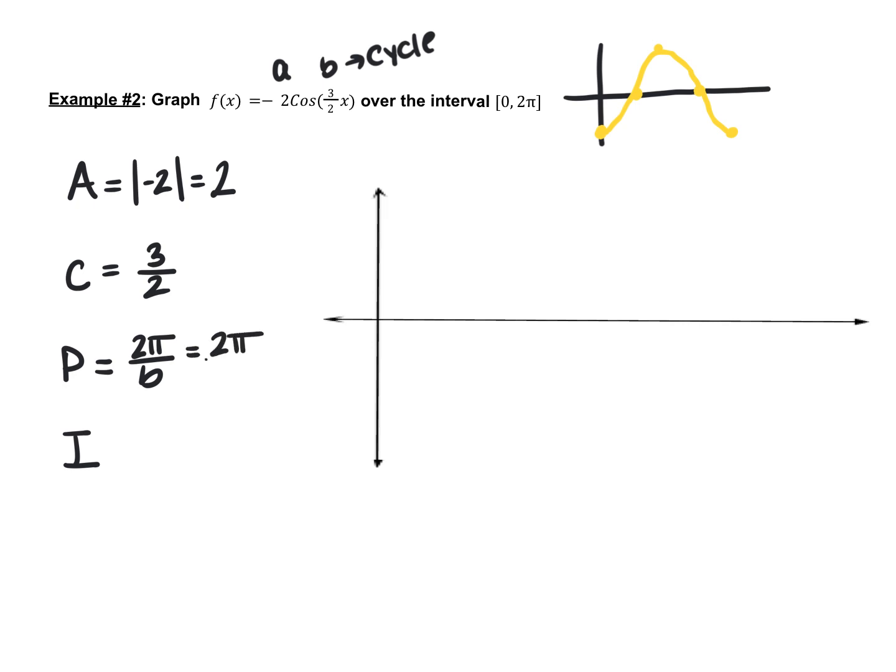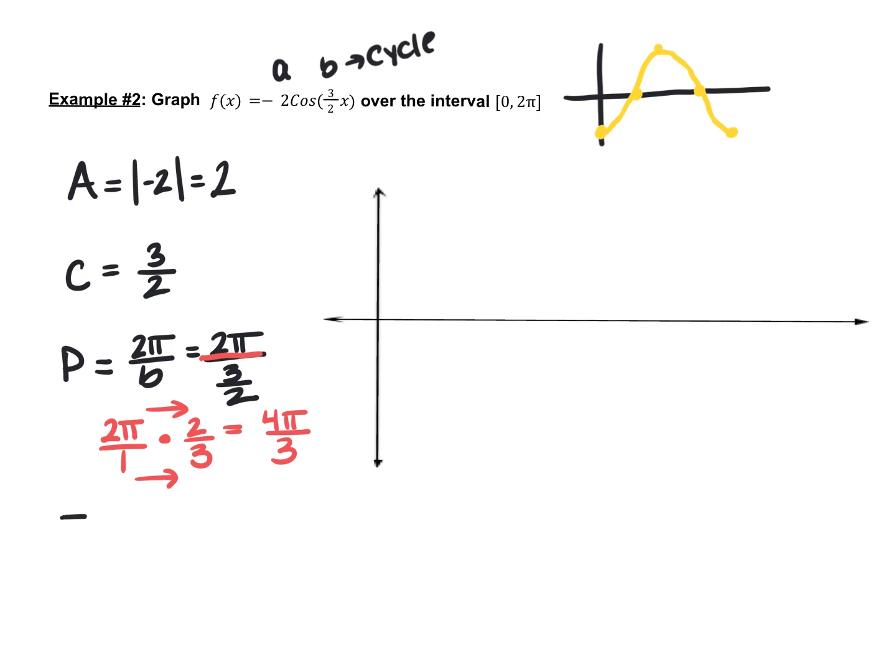So 2 pi divided by 3 halves. So remember, whenever I'm dividing fractions, we need to keep, change, flip. So we're going to keep the 2 pi, make it 2 pi over 1 so it's easier, change the division to a multiplication, and then flip. And then we multiply straight across. So 4 pi over 3. 2 with 2, 3 with 3.